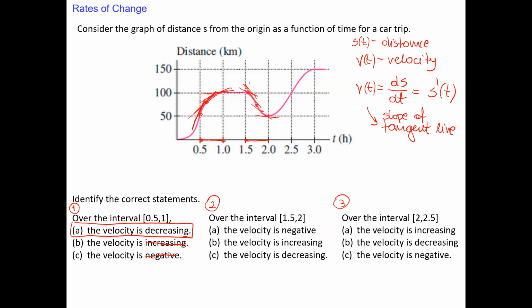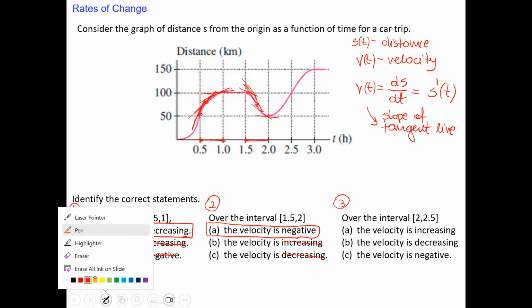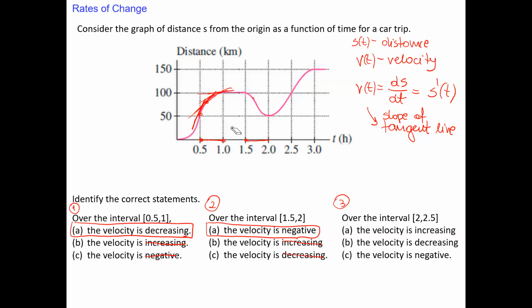But all of the slopes have a negative value. I think this is the correct one, because it is increasing and decreasing at some point, that means we cannot say it's just increasing. It's not monotonic, the slope of the tangent, because we can see this one, and then again it's less steep. But all of the lines have negative slope. And the last interval is between 2 and 2.5.